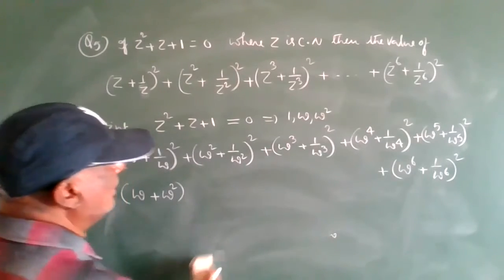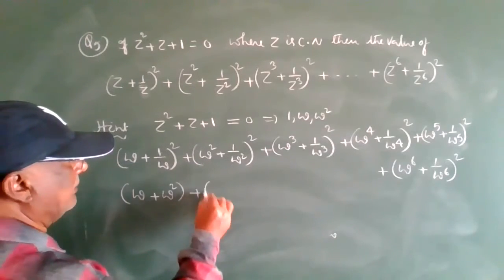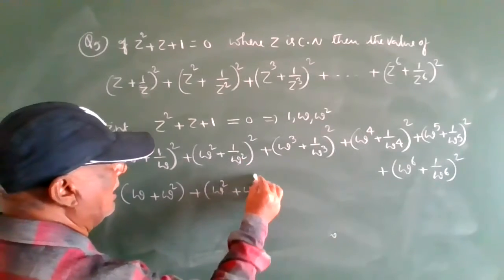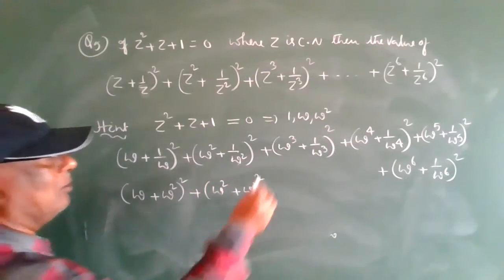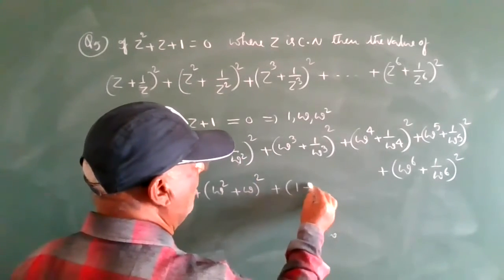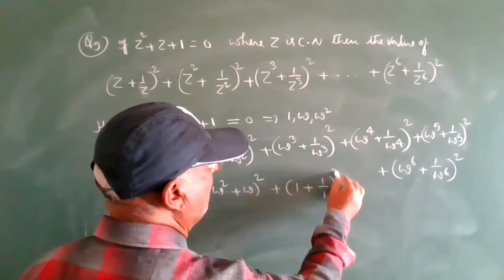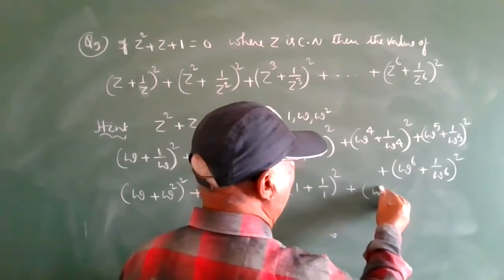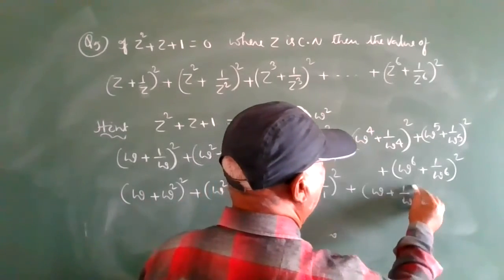So the reciprocal of omega square is omega. Omega cube value is 1, so that term is (1 plus 1) whole square. For omega power 4, divide by 3 and write down the remainder: omega plus 1 by omega.